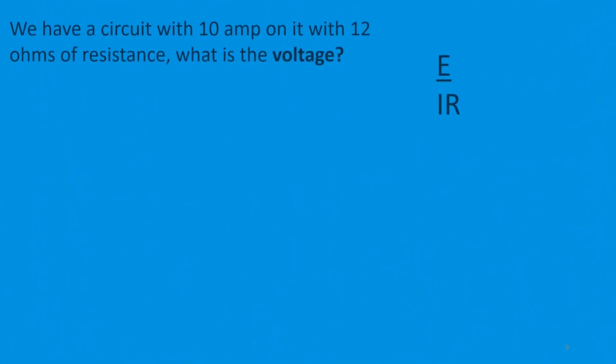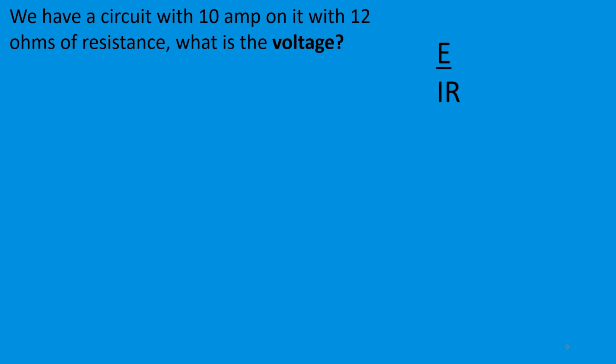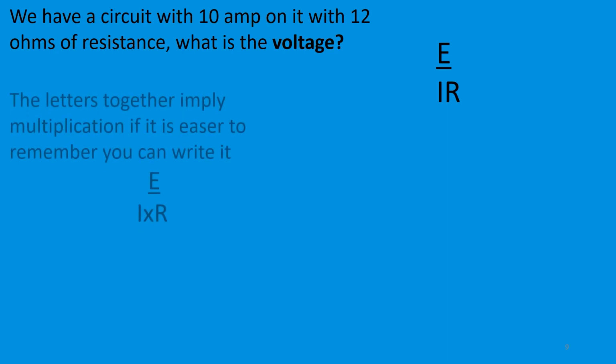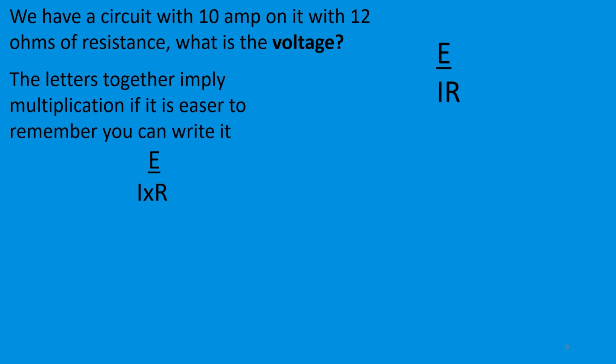All right, let's do another one. What if we have a circuit with 10 amps on it and 12 ohms of resistance? What is the voltage? So the letters together imply multiplication, but if it's easier for you, you can write it like this. So we take our knowns. We know the amperage and we know the resistance, and we're trying to solve for voltage. So what we're going to do is we're just going to multiply.